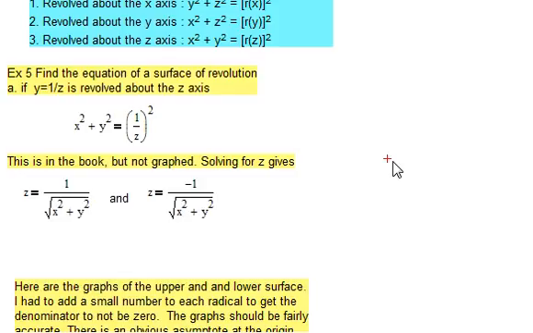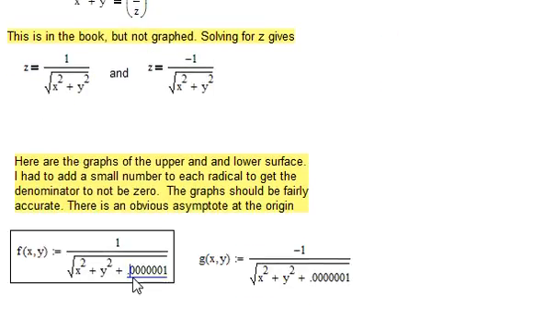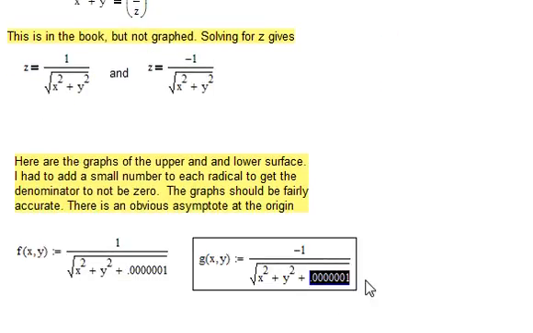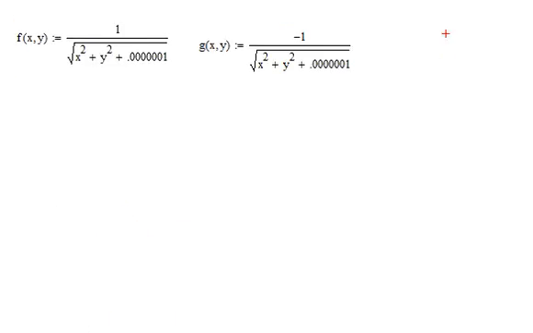The origin is not in the domain, so if I try to graph this on any portion of the xy plane that contains the origin, I'm going to get some kind of error message. So I cheat a little bit, and I add a very tiny number to the radical so I don't have 0 in the denominator, and then I can actually get a pretty fair picture of it.